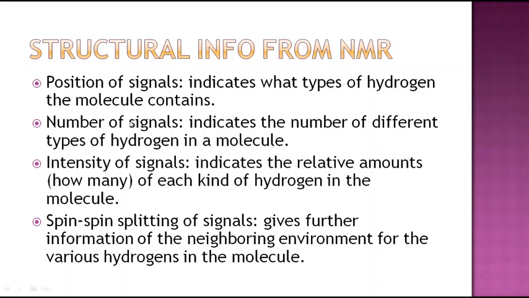What does the number of signals give? For example, if three different protons are in three different carbons, but all three protons are in the same type of chemical or magnetic environment, all of them together will give only one signal, right?